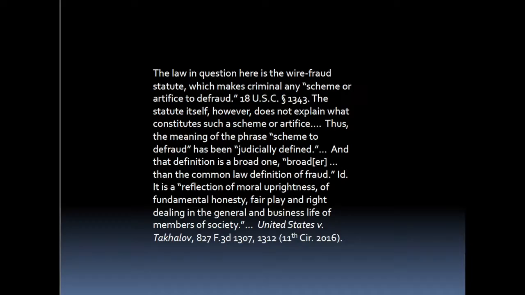So mail and wire fraud violations can be based on false promises. When you look at a lot of the case law in the different circuits, you will see many of the circuits state that mail and wire fraud can be based on such broad activities, just failing to abide by standards of fair play, failing to abide by standards of moral uprightness. It's a very broad statute.